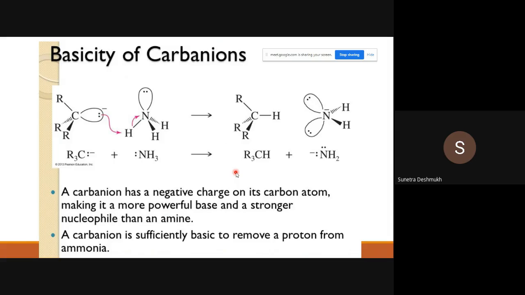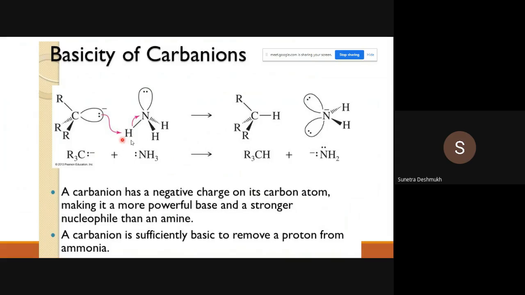That is why here we have taken the example of ammonia. Ammonia is a base, but here the carbanion is abstracting a proton from ammonia, so you can think how much more basic the carbanion is. Here ammonia acts as an acidic species and the carbanion acts as a strong base. Due to the lone pair on the carbon atom, the carbanion acts as the strongest base.